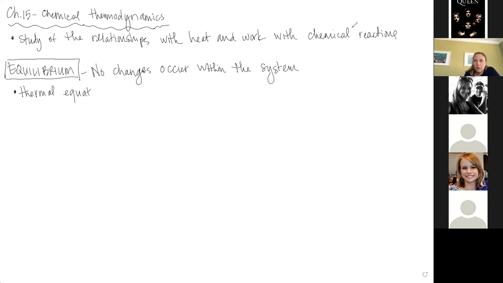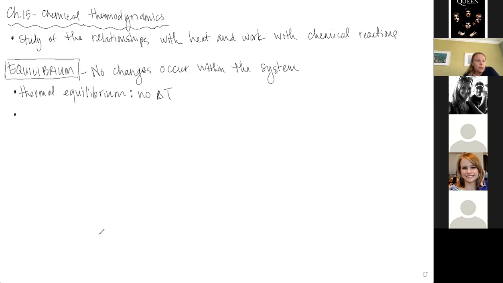Thermal equilibrium is where we have no change in temperature, no delta T of our system. So we're at thermal equilibrium when we have no change in temperature in our system. We also have other types of equilibrium.